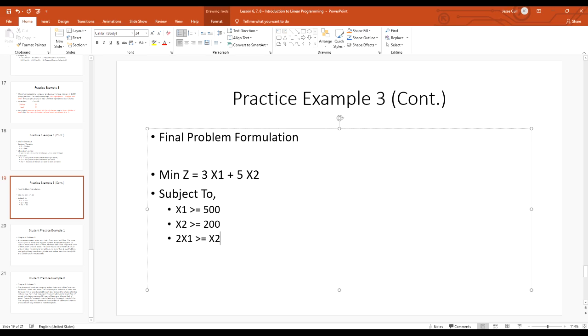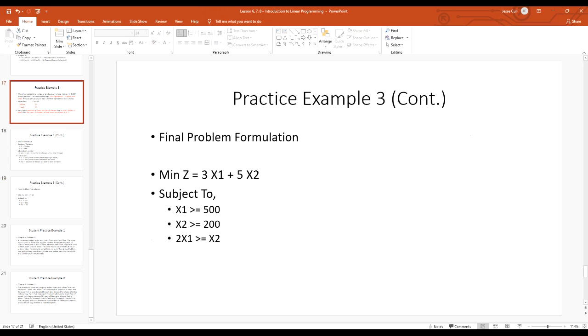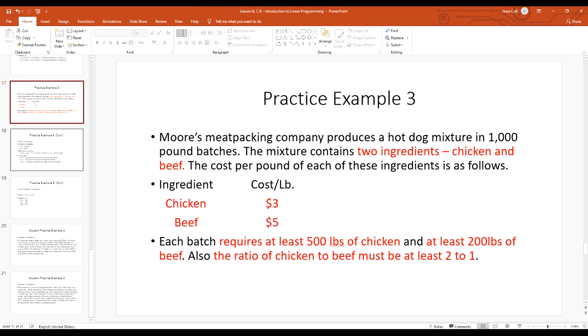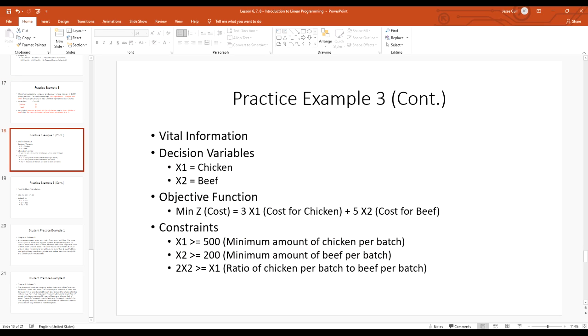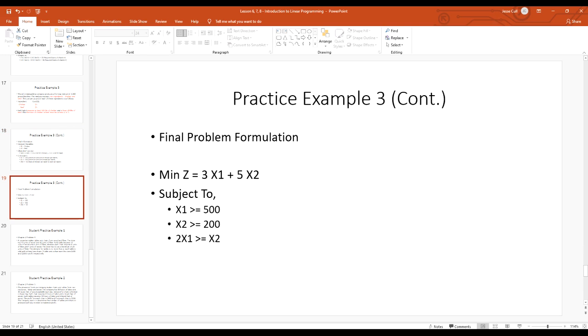What we've done here is we've now taken our natural language question from practice example number 3. We've found the relevant information, we've written down the relevant information, and then we've collected all of the relevant information in one place in the correct universal format.